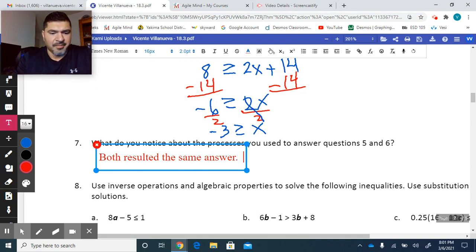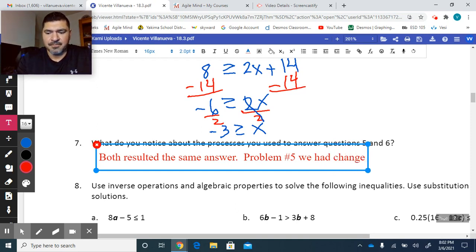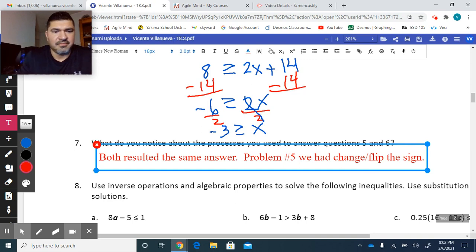On problem number 5, we had to change or flip the sign, but we still ended up with the same result.